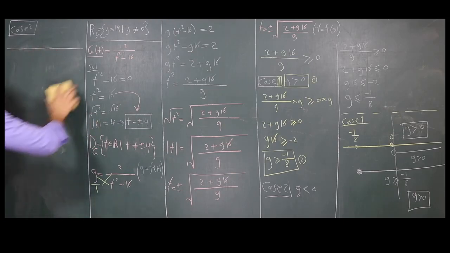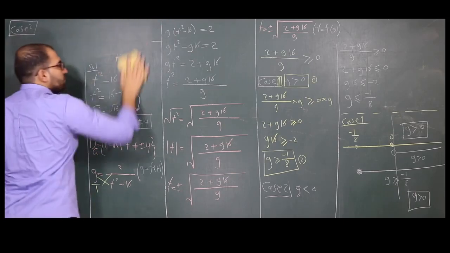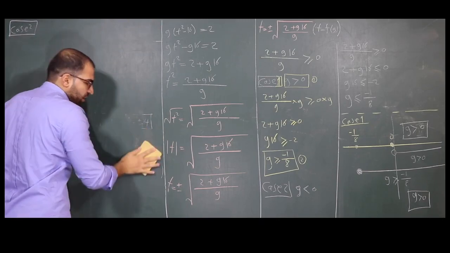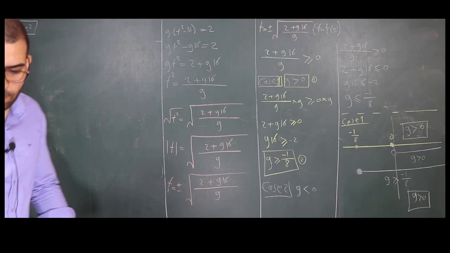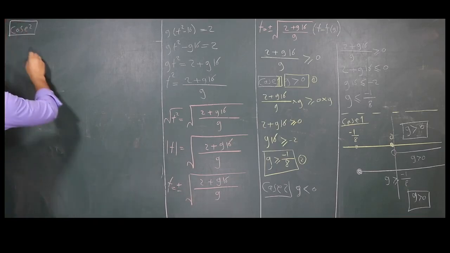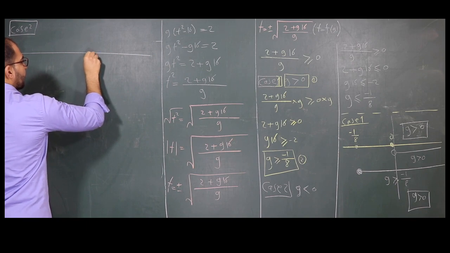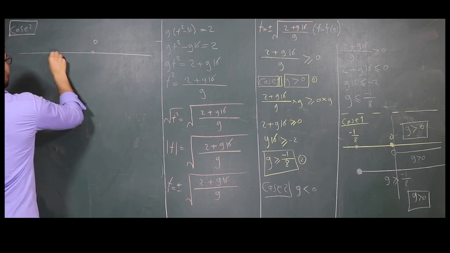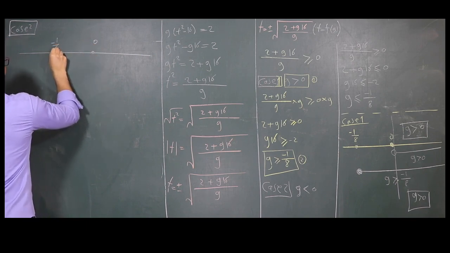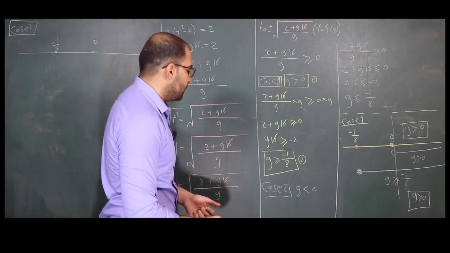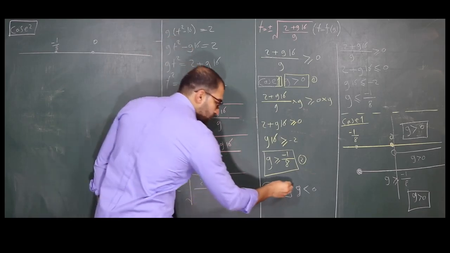I'm going to erase this one too, so we can have more place and see what's going on here. And in case 2, we assumed, where's case 2? This is case 2.